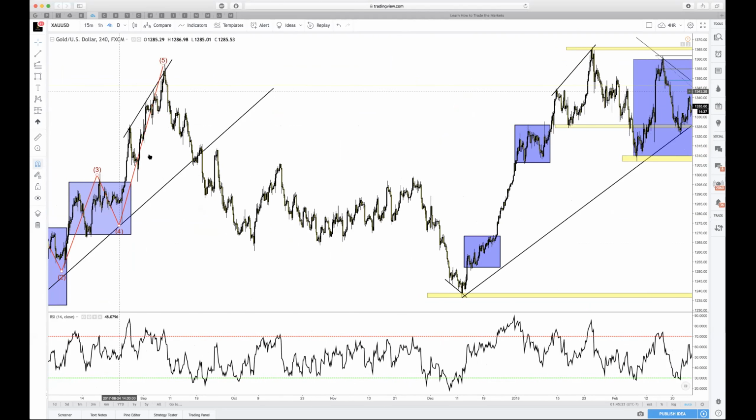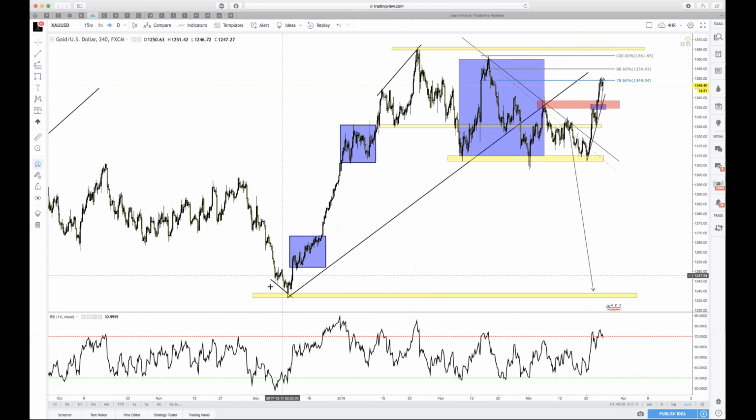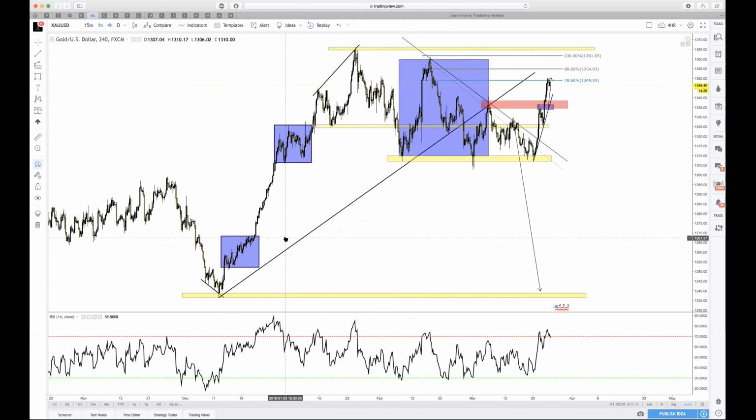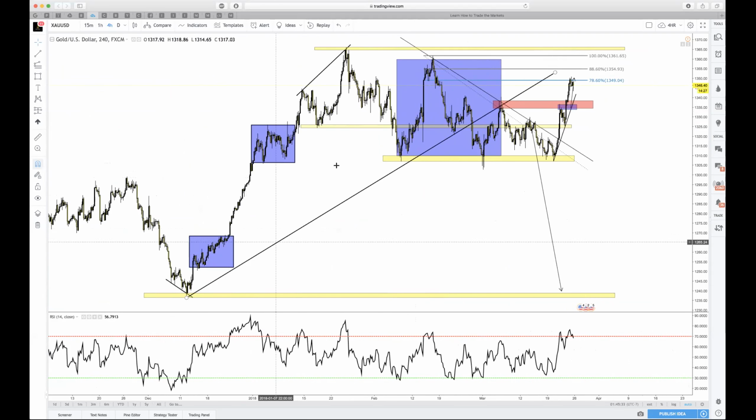So the market basically consolidated and it did this thing. It just basically messed up here and then it cleared up right here. Okay, the price cleared up right about here. And there's a harmonic pattern.